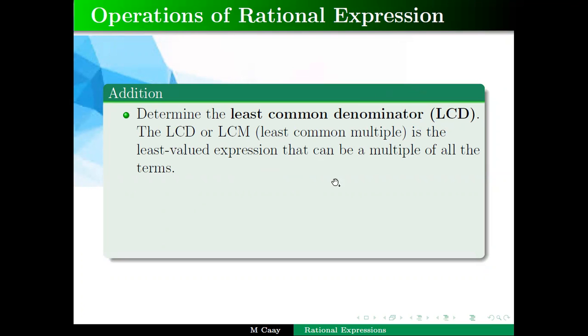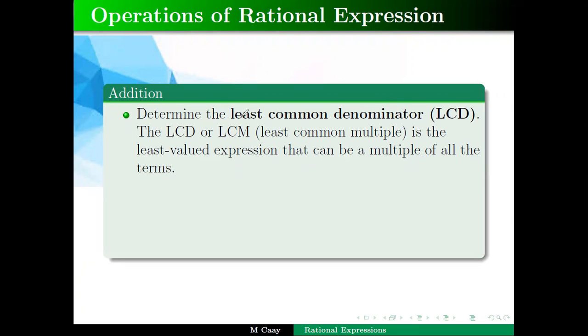So just not to be confused with this, we use the term LCD when we mean that we're actually getting the least multiple of a given denominator of each rational expression. But when we're just solving for the multiple of a certain type of expression, we mean that as least common multiple.